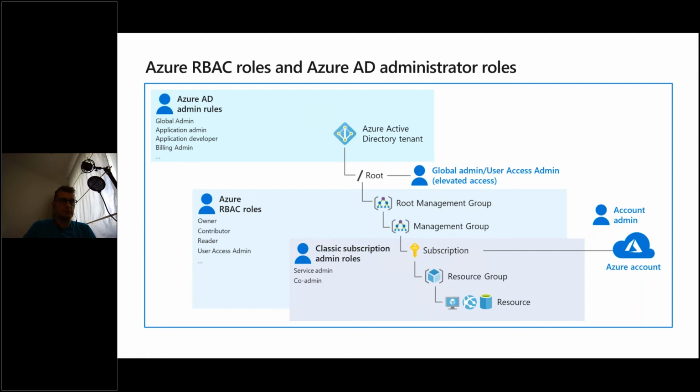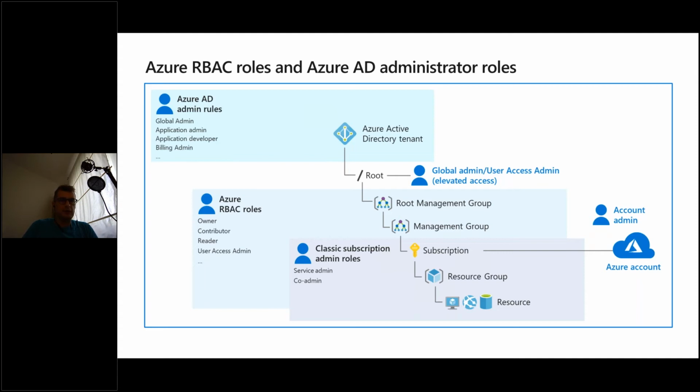So there cannot be issues with giving the contributor role and then the contributor giving another person the contributor role. That's not possible. And then there is also user access administrator, which can only manage access to Azure resources and nothing else.